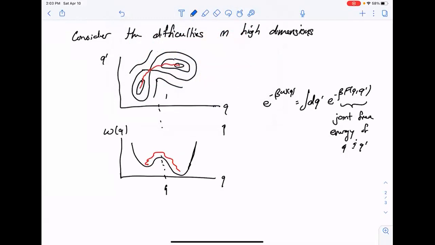Going straight in Q would be incredibly unfavorable. I'd have to go much higher in free energy than I actually need to in the full dimensional space.